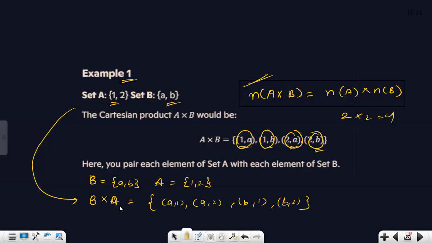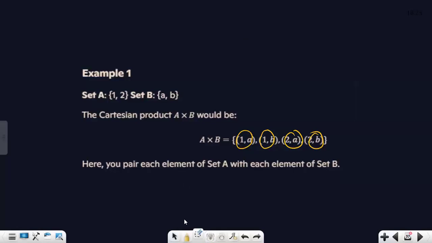So B cross A, is it different than A cross B? Only the places are interchanged.